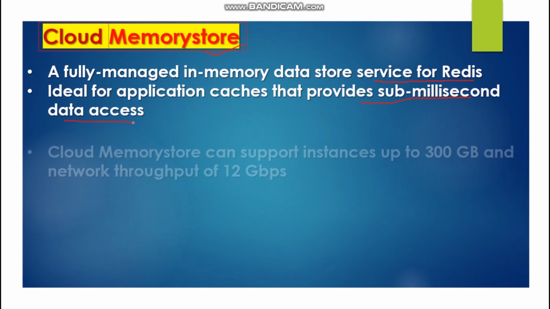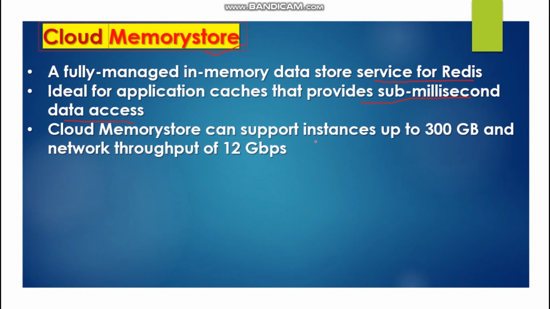Cloud Memorystore can support instances up to 300 GB and a network throughput of 12 Gbps. A typical application has a database and a front end. This is the DB and this is your front end application. If you want to query this DB frequently, you will hit the database every time.